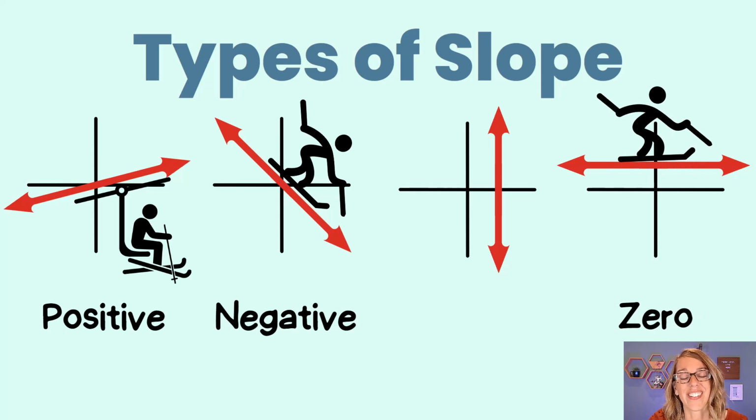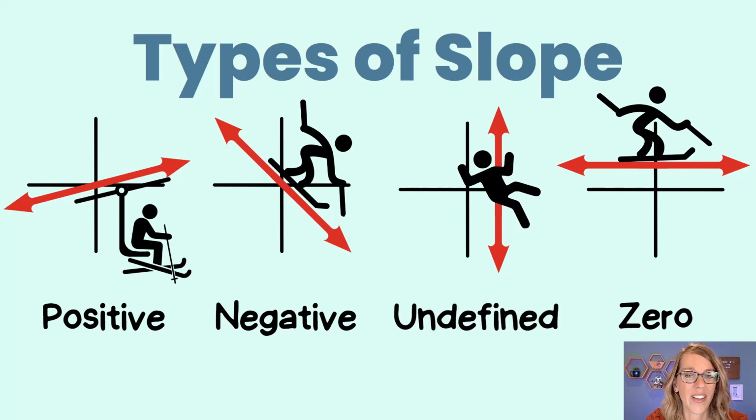So now the skier is down there at the lodge, just kind of scooting around, maybe making their way to the chairlift. That last one, though, straight up and down, oh my gosh, what is that skier doing now? Well, they probably fell off of the chairlift or something. Whatever it is, it's not good, and we call that an undefined slope. So we've got positive, negative, undefined, and 0.